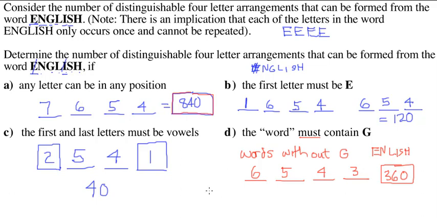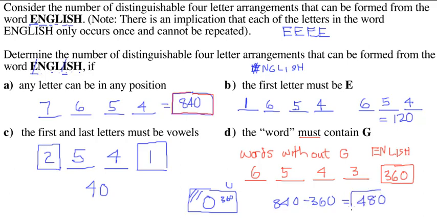Remember set theory? If our universal set is all the words you can make with English, and we just found that there are 360 words out here that don't contain G, 840 minus 360 tells us that there are 480 words which do contain G. So if we had to make a word with G in it, here's how many choices we'd have.